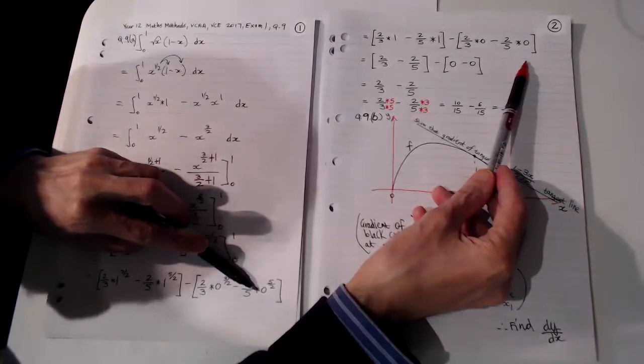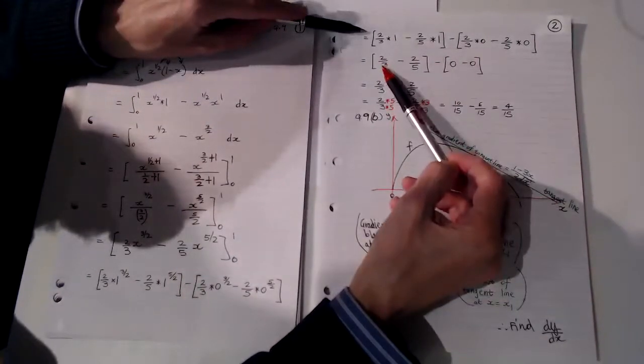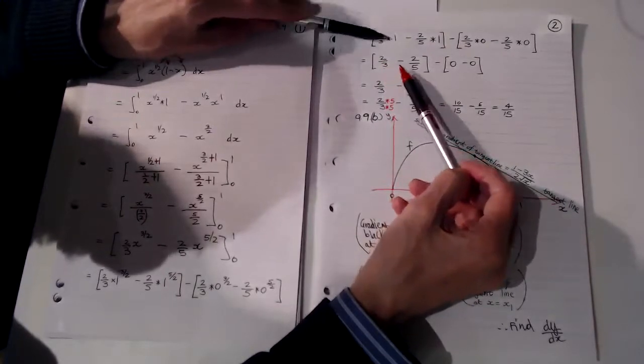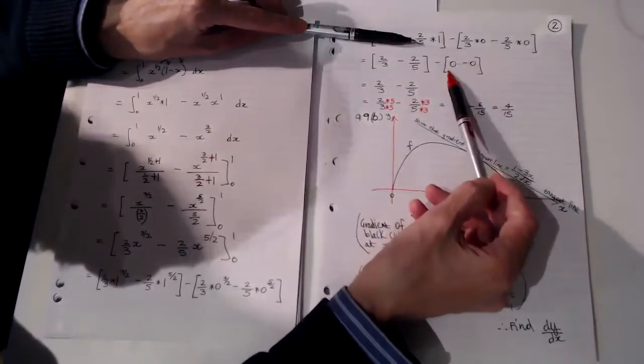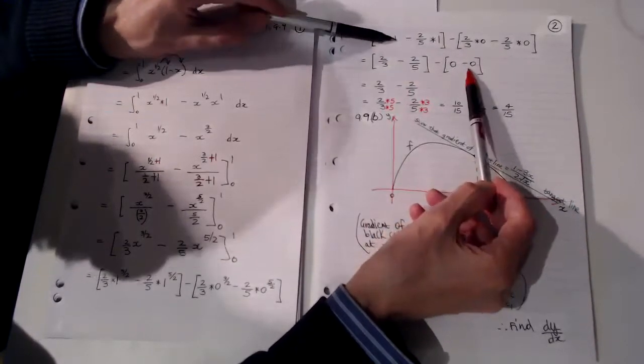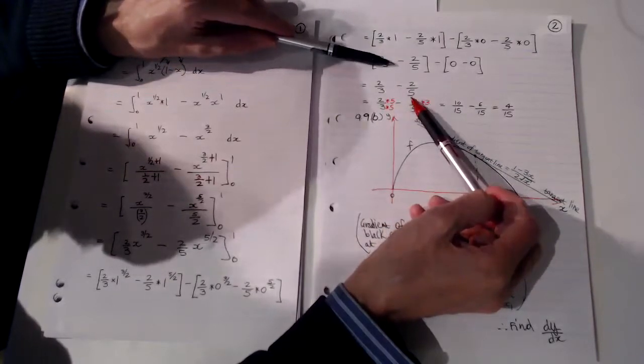Again, 0 to the power of anything is 0. And then that comes out to 2/3 times 1 is 2/3, minus 2/5 times 1 is 2/5, minus 2/3 times 0 is 0, minus 2/5 times 0 is 0, and that comes out to 2/3 minus 2/5.